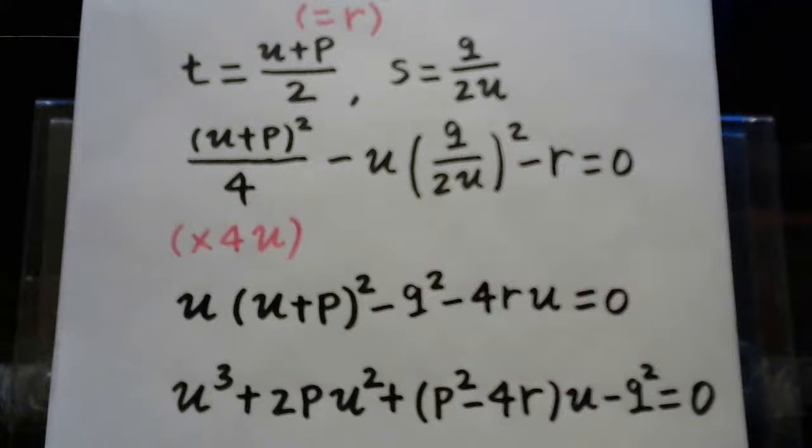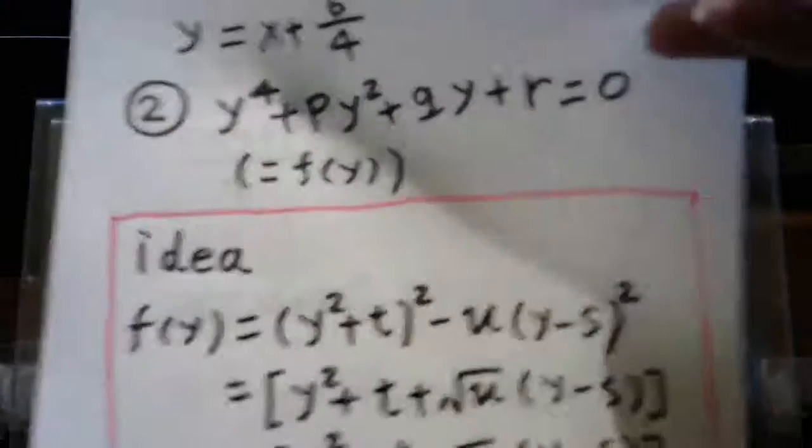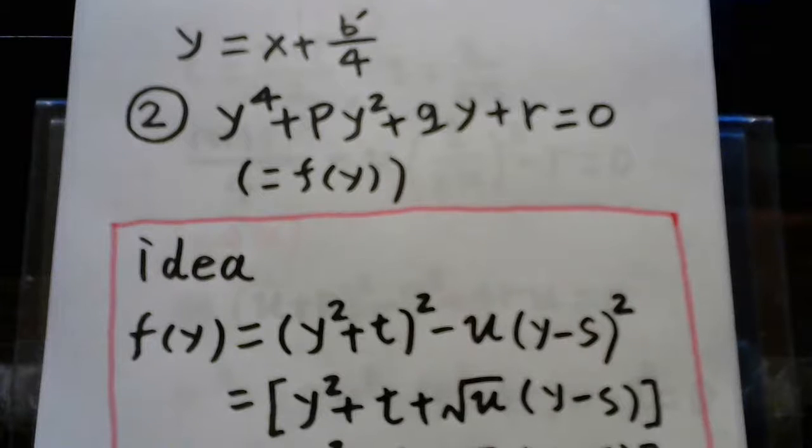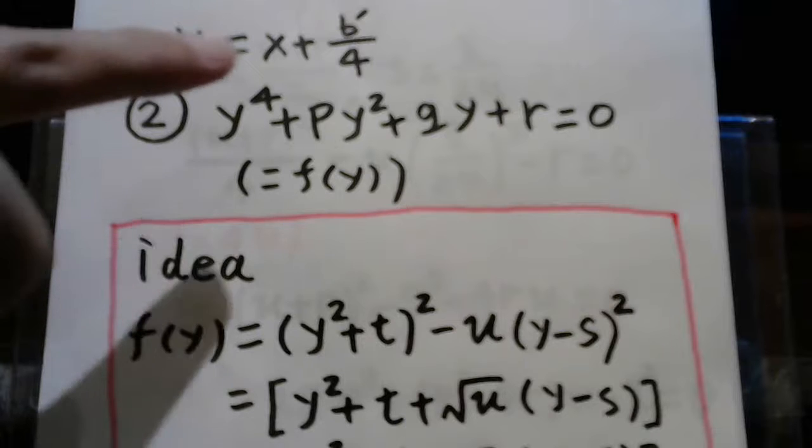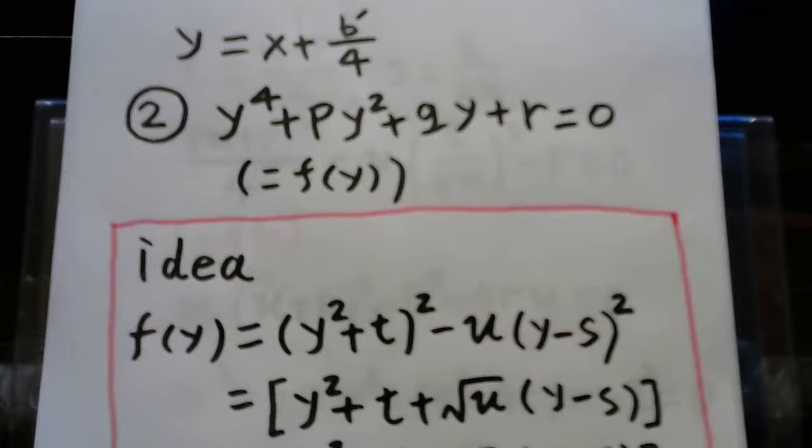So by the idea, we can find y. So we find x by subtracting b prime over 4. This is Ferrari's method.